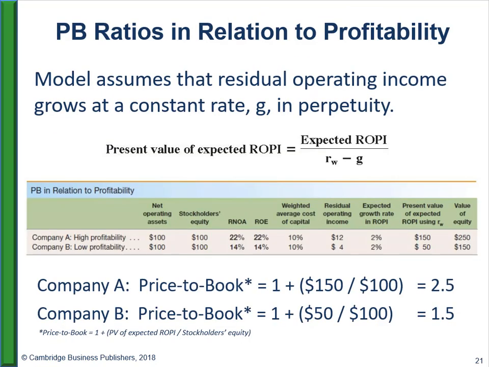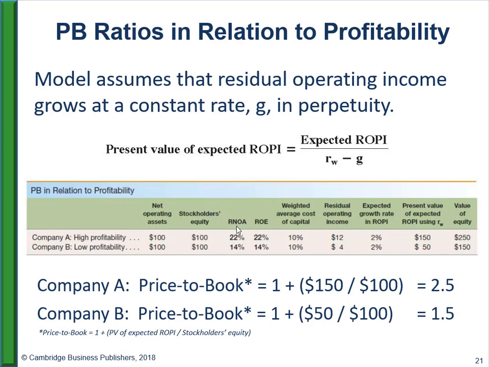We can take that recognition and recognize it empirically with this formula that shows the present value of expected residual operating profits equals the expected residual operating profits divided by the cost of capital minus the growth rate. And we can reconfigure that to show how price to book value will vary with each of these different metrics.